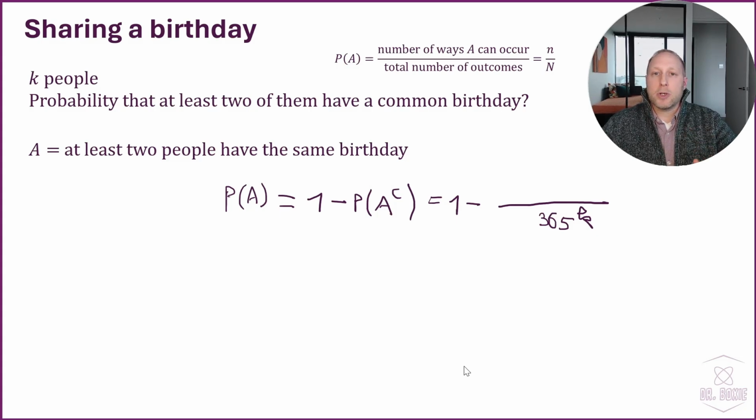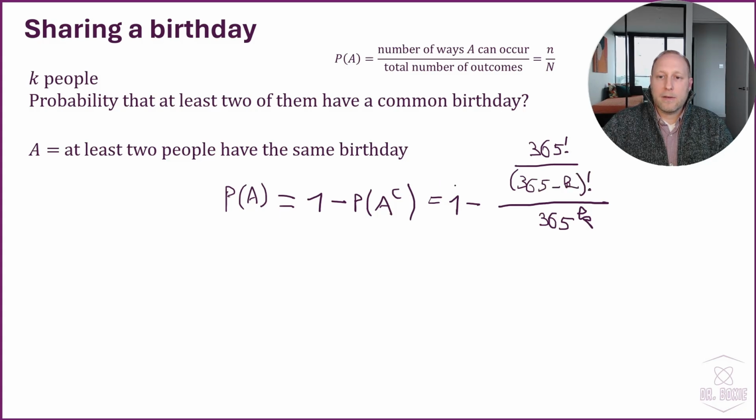The third person cannot share it with either the first or the second, so he or she only has 363, etc. So this is a partial permutation where in the numerator you have 365, and in the denominator you have (365 minus k) factorial. This was the formula for a partial permutation when there is no repetition. And the fact that we don't want them to share a birthday means there is no repetition here.